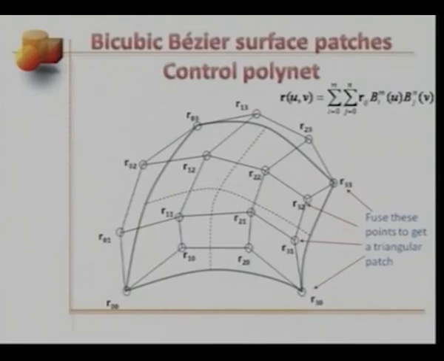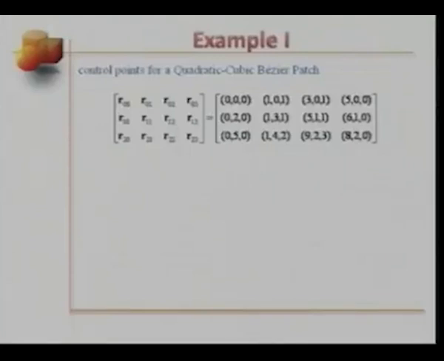Let's take a look at a few examples. The first one, the control points for a quadratic cubic Bezier patch are given by 0, 0, 0, 1, 0, 1, 3, 0, 1, 5, 0, 0, 0, 2, 0, 1, 3, 1, 5, 1, 1, 6, 1, 0, 0, 5, 0, 1, 4, 2, 9, 2, 3, 8, 2, 0.